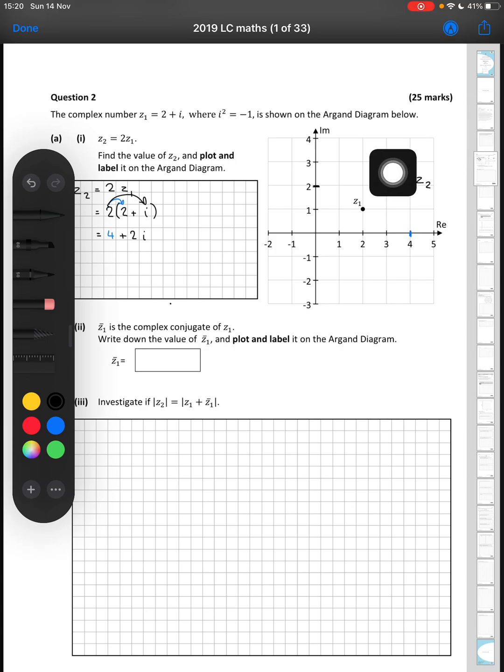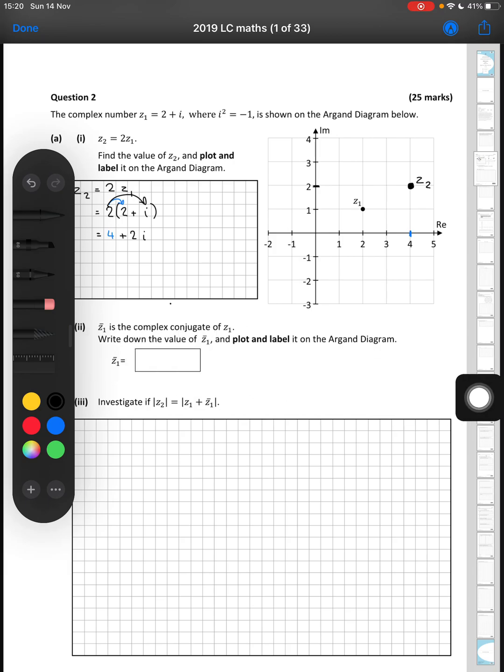Okay, now it has this Z1 with a line over it. They actually tell us what that is. It's the complex conjugate of Z1. So write down the value of the complex conjugate and plot and label it on the Argand diagram.